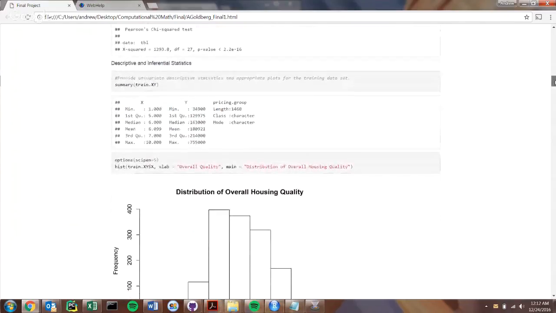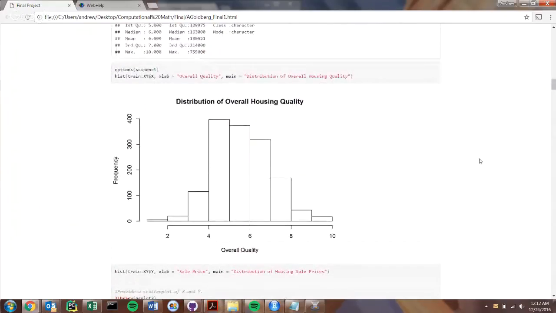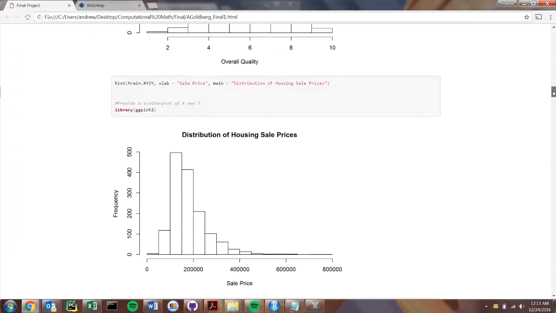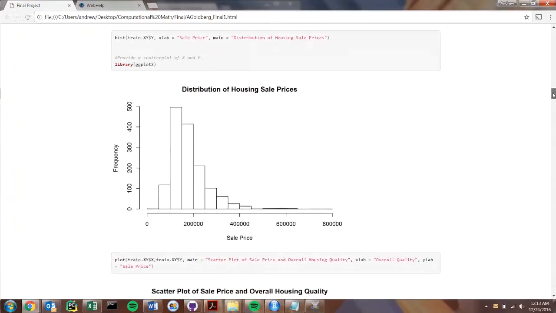We then look at the descriptive and inferential statistics. This is the distribution of the overall housing quality. Again, it's right skewed. This is the distribution of housing sale prices. It's very strongly right skewed.